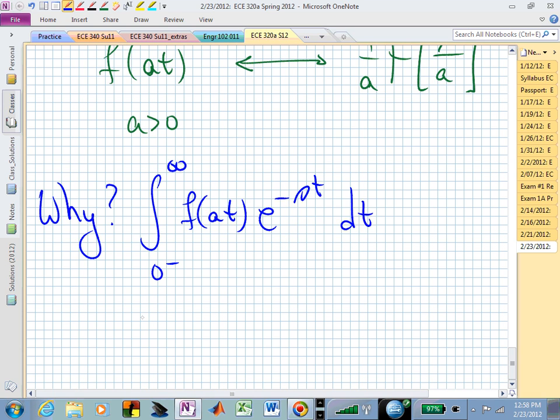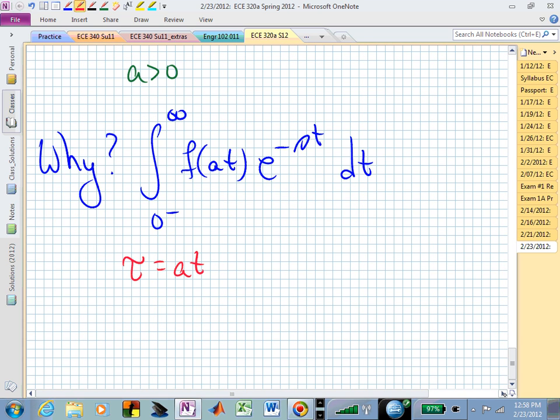We could make this look more like what we're comfortable with by changing the variable: let me make tau my variable of integration. Now d tau is a dt, or if I need to write t, that's tau over a, and dt becomes 1 over a d tau.